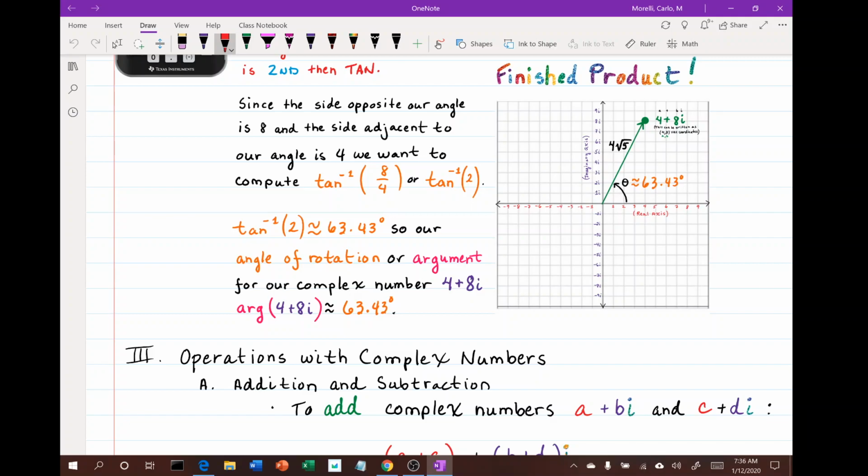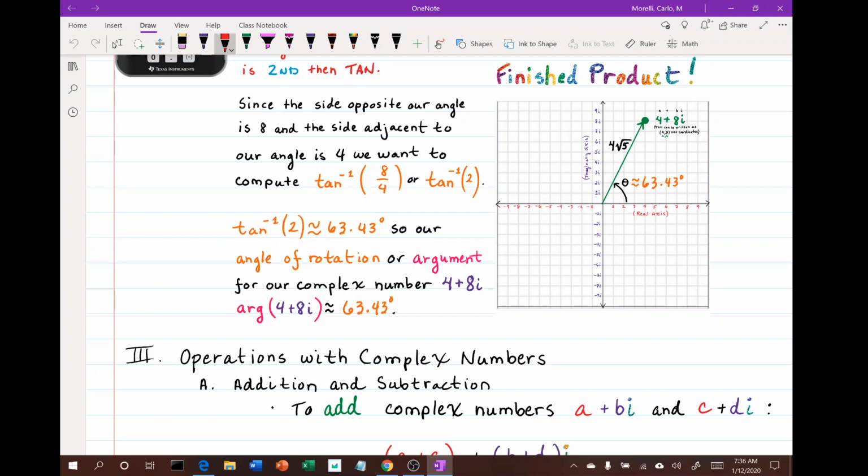Okay, so you did it. That's the finished product. We found both the modulus, which is 4 square root 5, or square root 80, and we also found the angle of rotation, which is the argument. So remember, for 4 plus 8i, its modulus is 4 square root 5. That's the length of that hypotenuse, the green line.